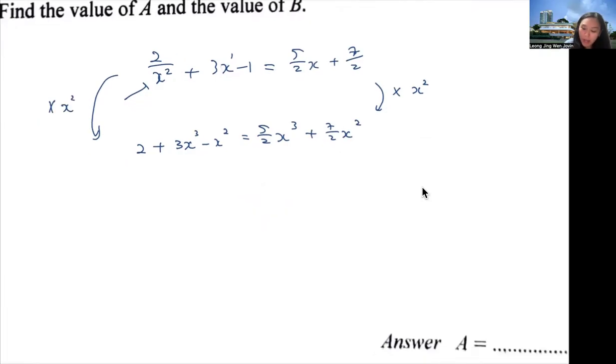So let's do the higher order: the 3x to the power 3 minus 5 over 2 x to the power 3. I'll move all the power 3 over. Then next I'll do the power 2s. It will be minus x squared from here, and then 7 over 2 x squared, if I bring over, it will be minus 7 over 2 x squared. And then plus 2, which I never moved, so it will just remain as plus 2.